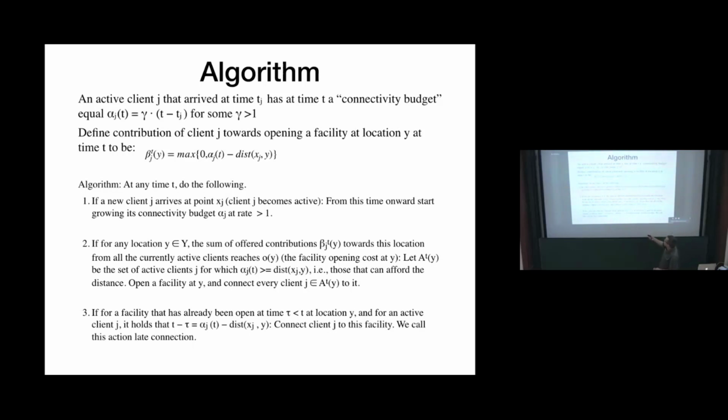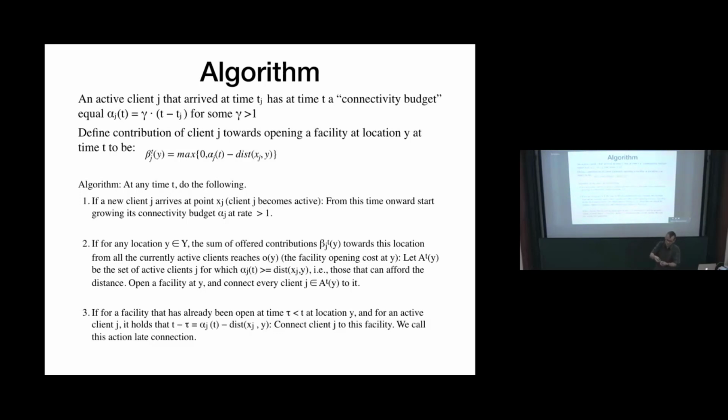And this is a way you calculate how much a client can contribute towards opening a facility in a particular place. So there's just budget minus distance, and you take a maximum of 0, so you don't have negative contributions. And the idea is that at any point in time, if the contributions of the active clients are enough to pay for opening, you just open.